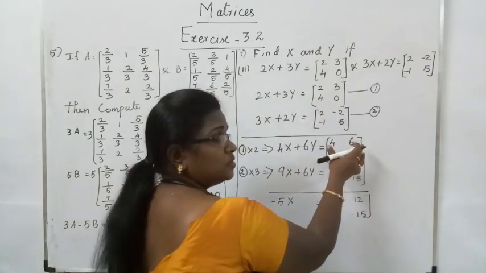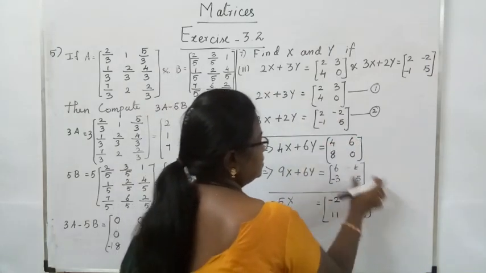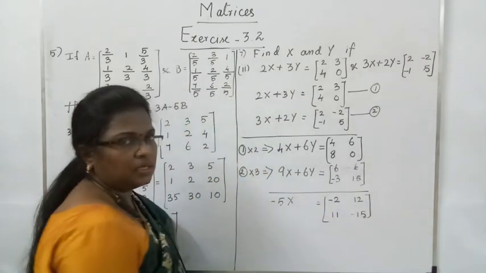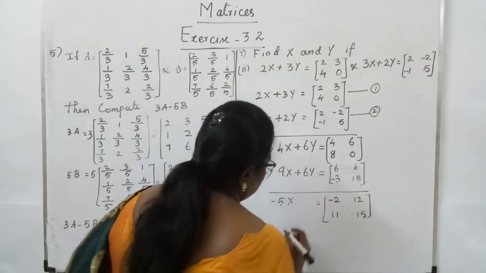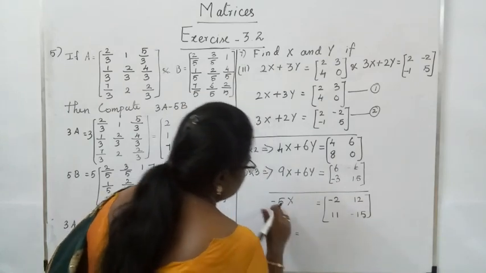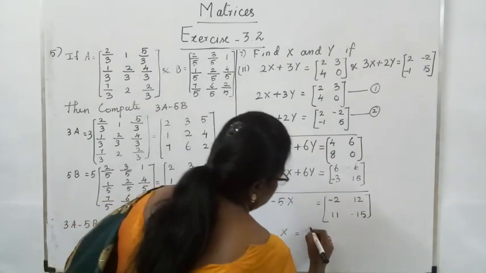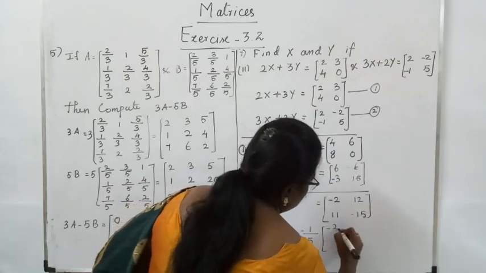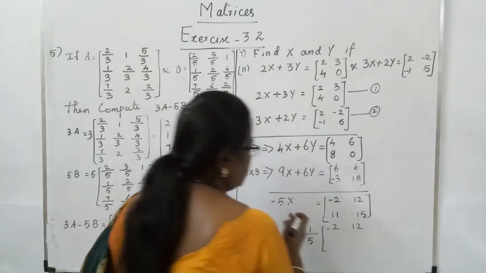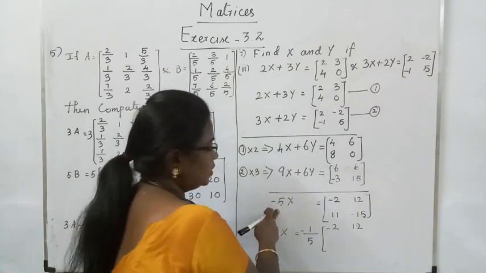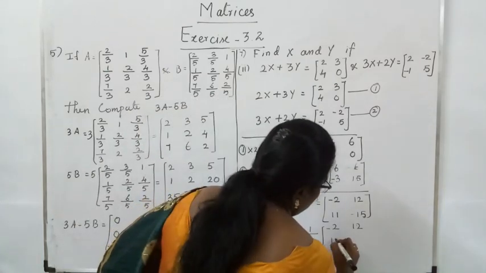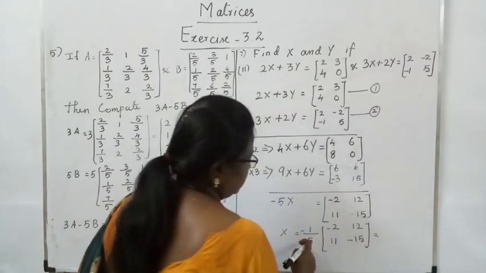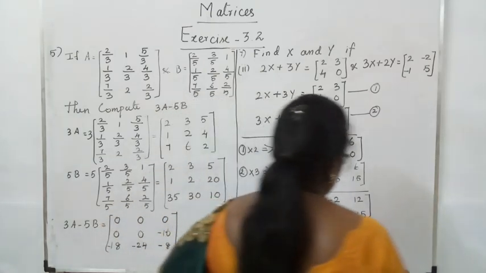Or else you can write this matrix minus this matrix, and then subtract. Here it's a scalar, so it can be taken to this side: 1 by 5 into [-2, 12; 11, -15]. According to the scalar property, you can bring this over here. This value has to be multiplied with each and every value.